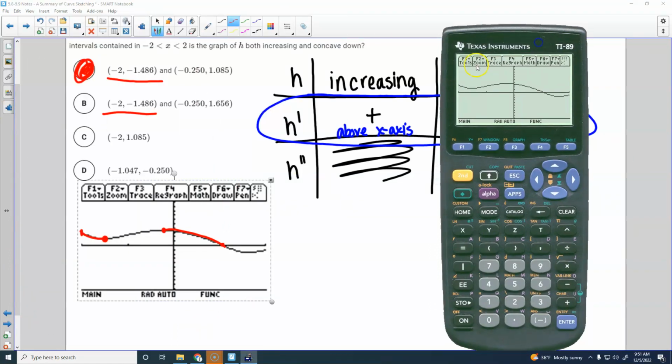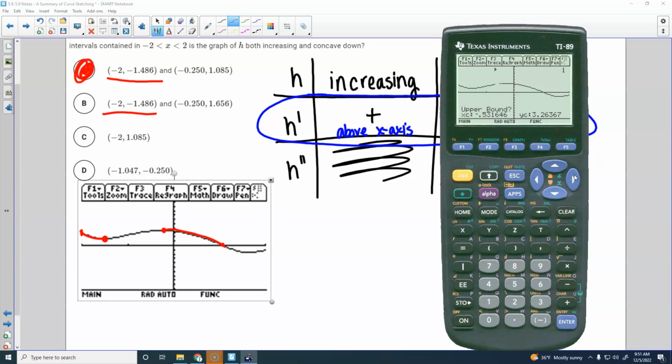But if you need to actually find those points, anything you do from the graph, you're going to go to F5, which is here. And so, say we're trying to find this maximum point right here. You would just choose maximum. And then it's going to say lower bound, which means you need to go to the left side of where you think that maximum point is.